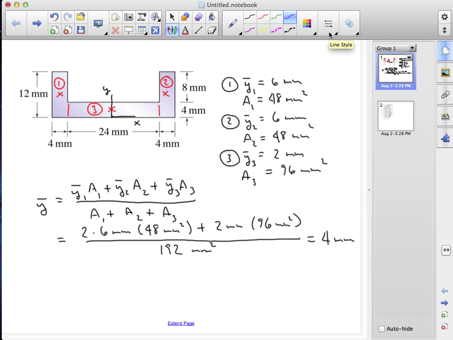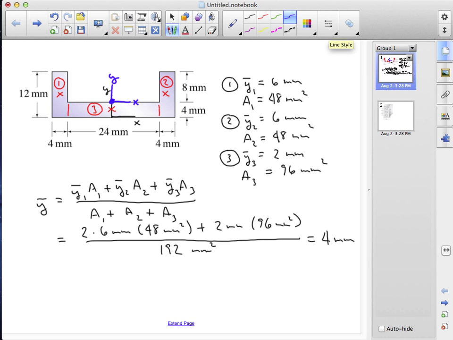And that tells us the centroid of the whole shape is right here at the top center of that horizontal member. So the coordinate system we're going to use for solving for area moments is the one that we have in blue here.